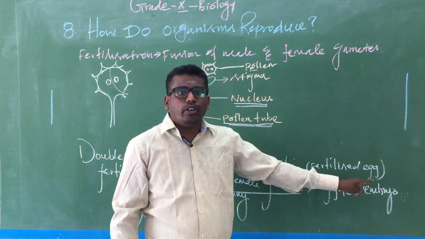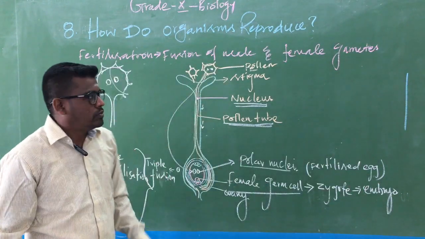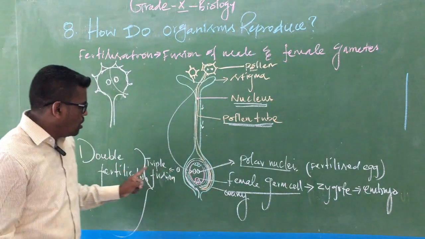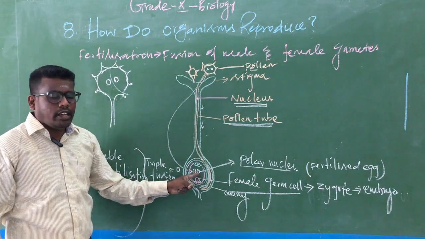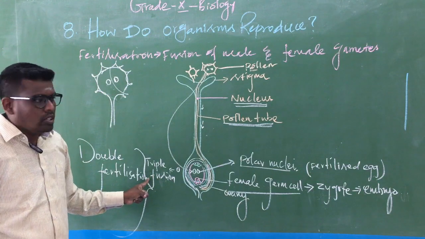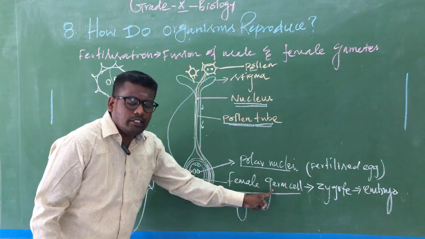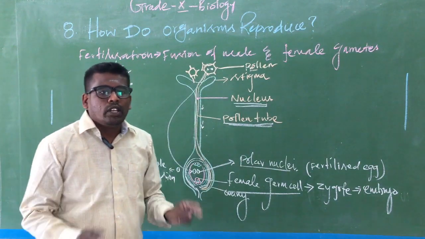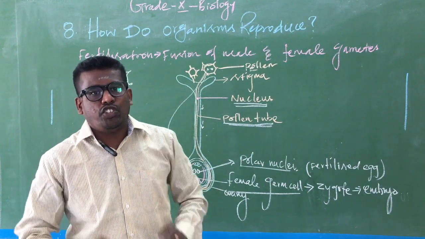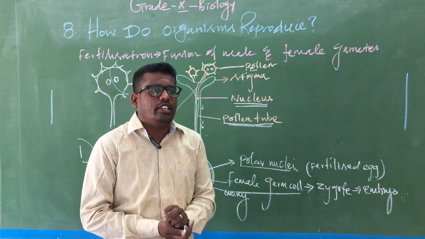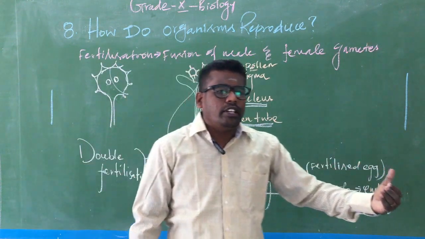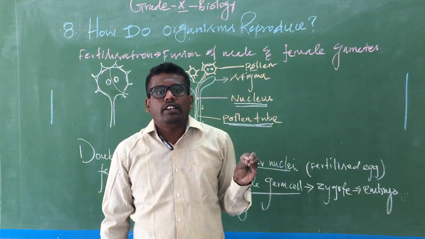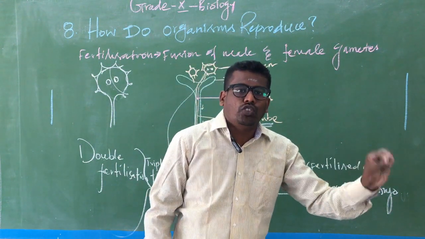From the zygote, the embryo forms and develops into a future plant. Another nucleus fuses with the polar nuclei. So three nuclei are involved, and the process is called triple fusion. So the fertilization and the triple fusion are together called double fertilization. Double fertilization is common in angiospermic plants.